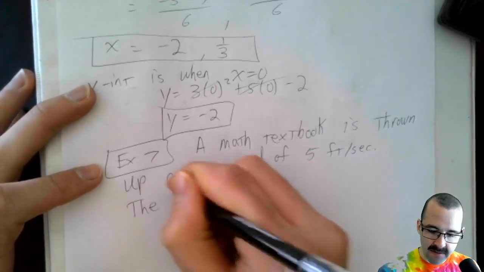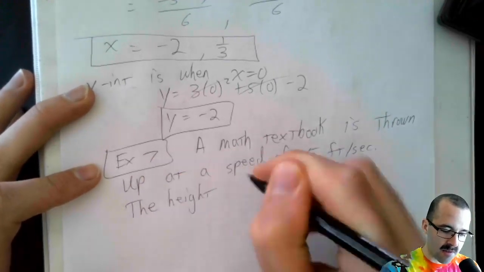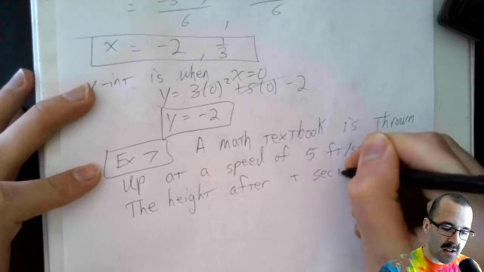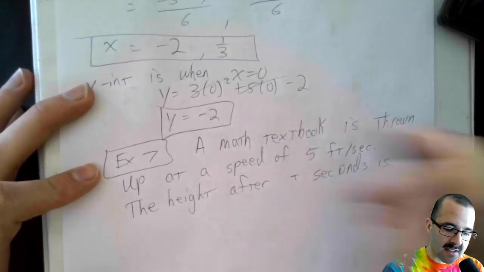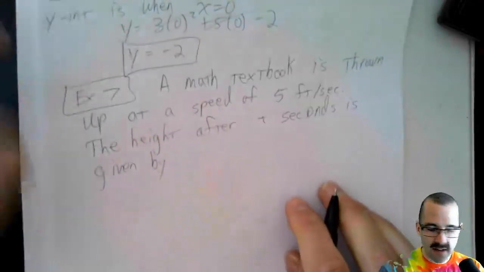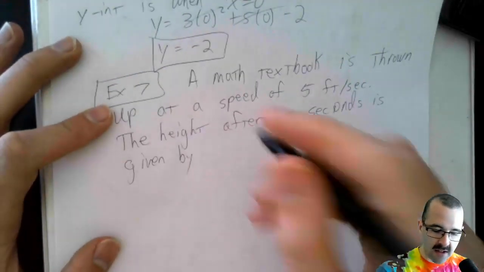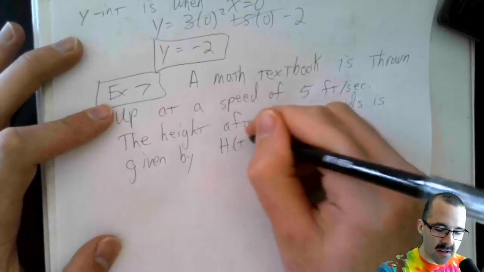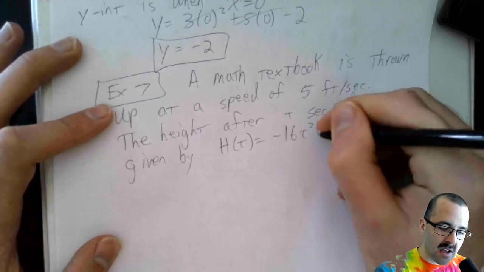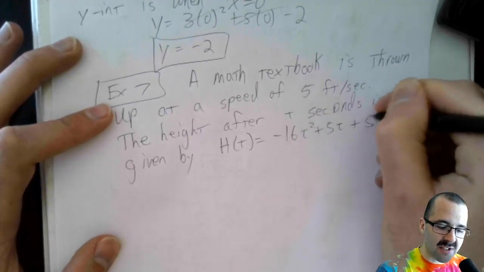The height after t seconds is given by h of t is equal to negative 16 t squared plus 5t plus 5.